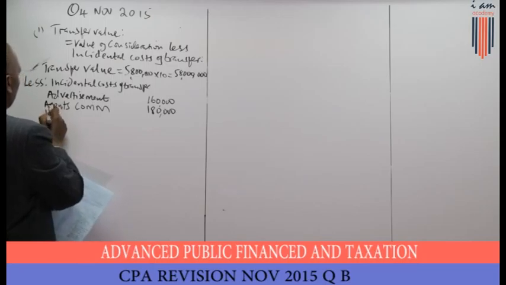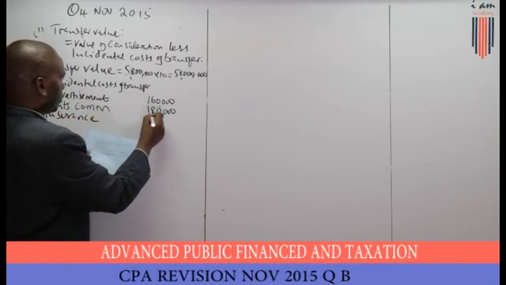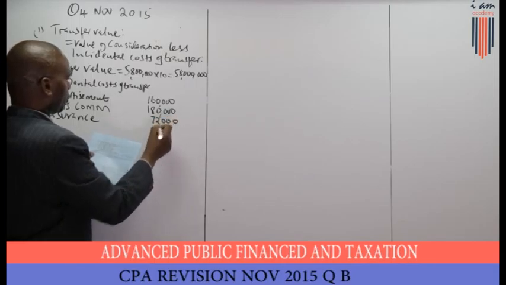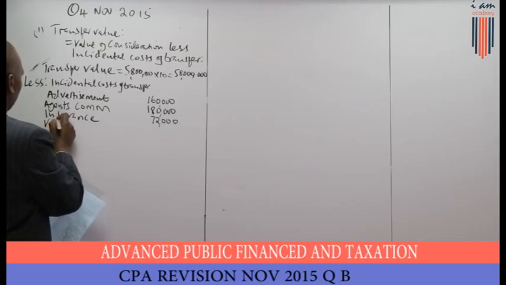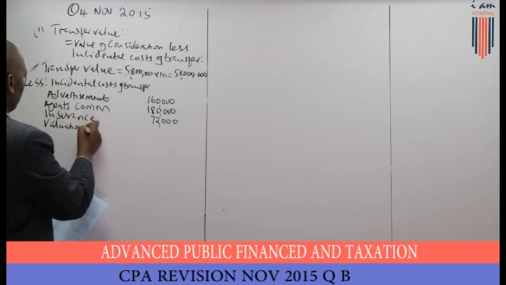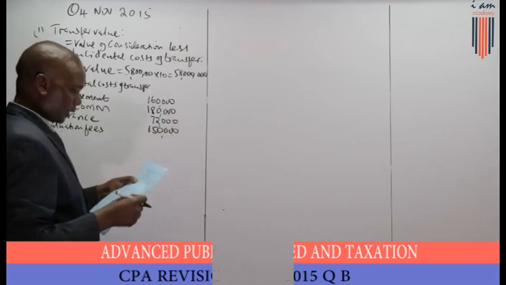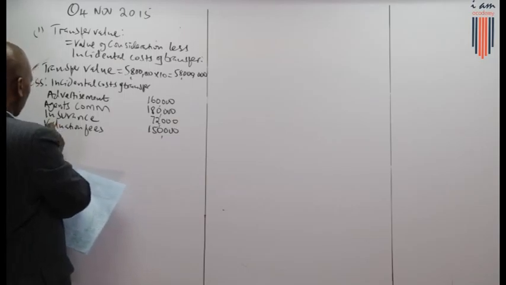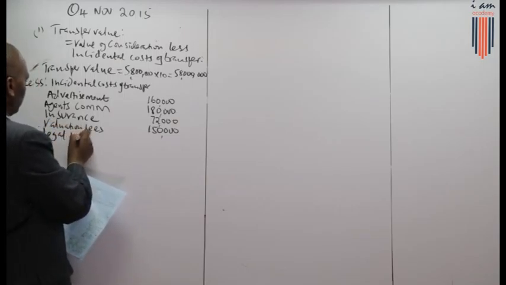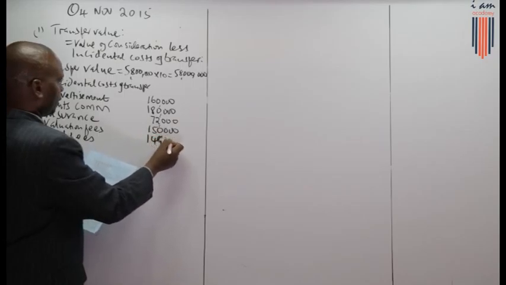Insurance of 72,000 was also incurred, and then we have valuation fees of 150,000. And then we have legal fees of 148,000.